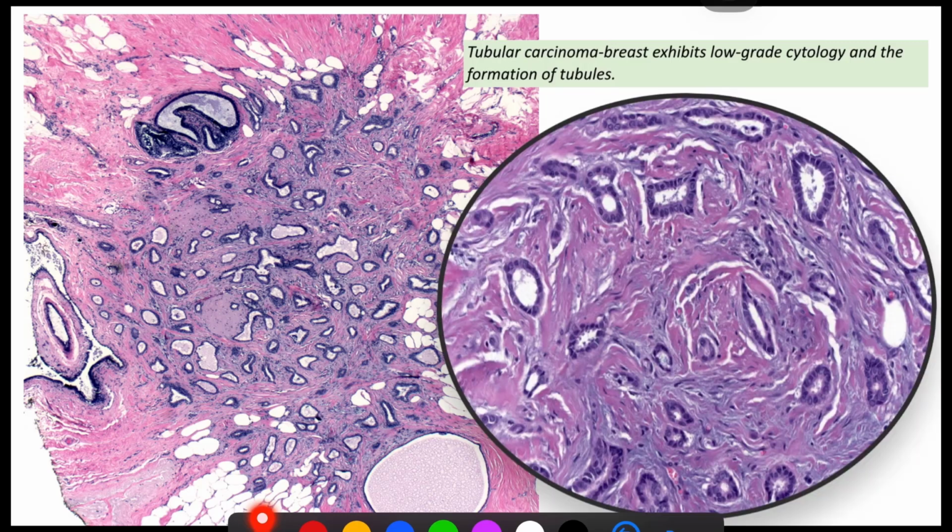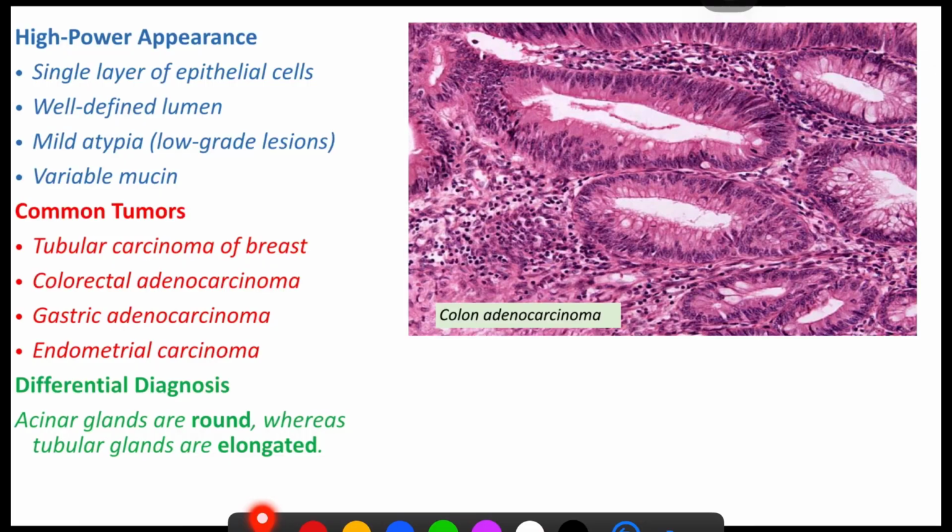So this is the case of tubular carcinoma of breast, which shows low grade cytology and multiple tubules. Here you can see sclerotic and fibrous stroma, and separate tubules with elongated lumina, and some of these show a small gland or acini like pattern.